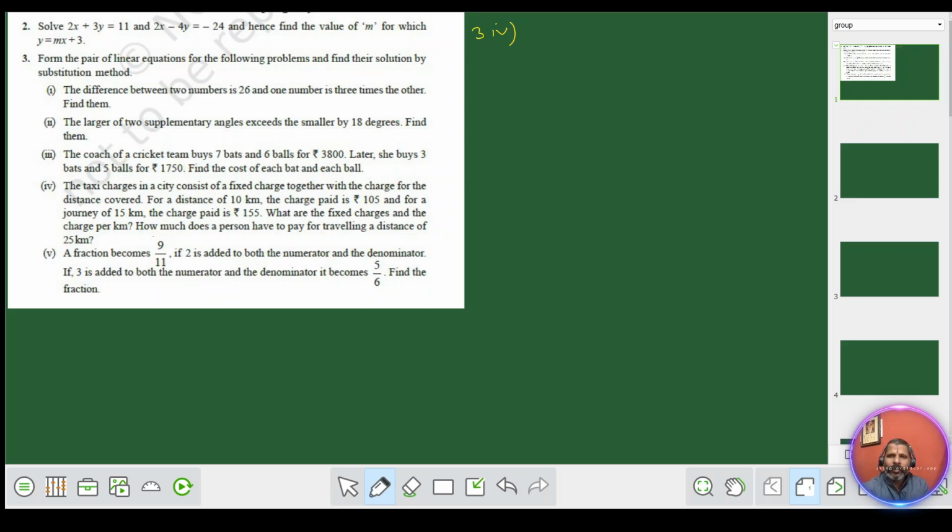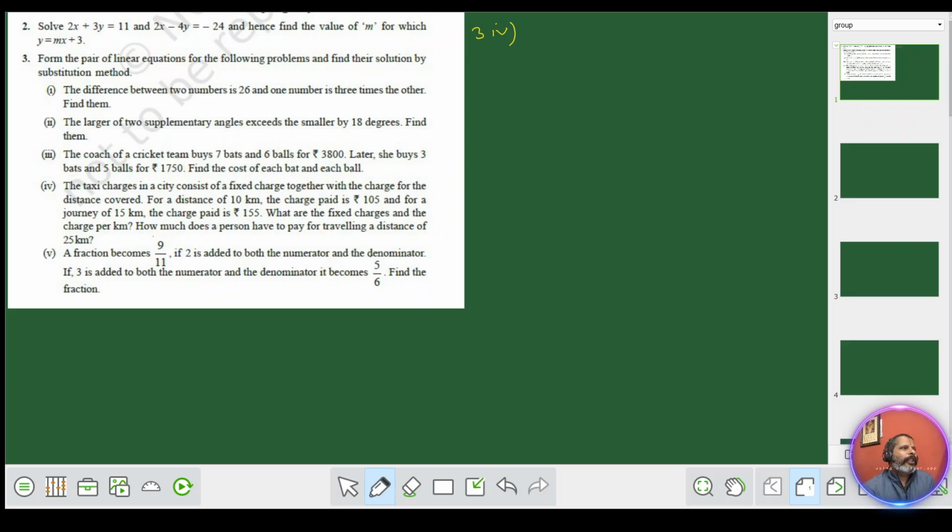When you travel in an auto ride, there will be a meter set initially, say for 30 rupees. The distance is 2 kilometers. So first 2 kilometers, 30 rupees. Even if you travel less than 2 kilometers, you have to pay that fixed charge, 30 rupees. More than that, for every kilometer there will be a charge.